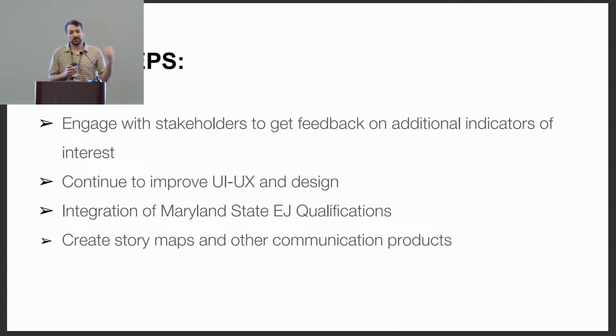The other thing we're going to be doing is integrating the EJ burden qualifications that the Maryland State Legislature has set out, which means out of a data set of, I believe, 14 data points, if any census tract has a higher than 75th percentile in any 3 of those data sets, then it's considered overburdened by the EJ score.